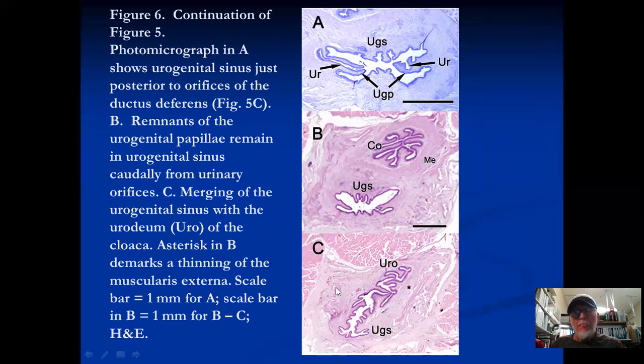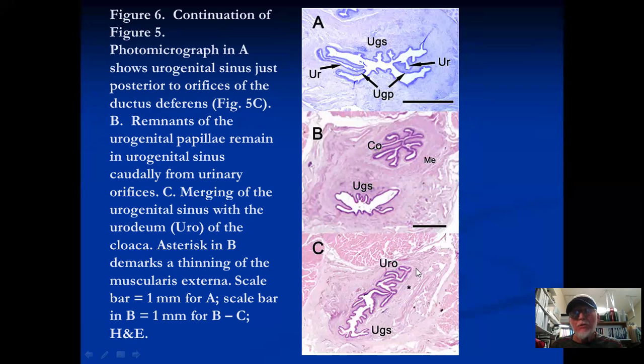In C, the urogenital sinus now has merged with what is now termed the urodeum. So after leaving the coprodeum, we now have the urodeum because of the urogenital sinus merging with this portion of the cloaca.